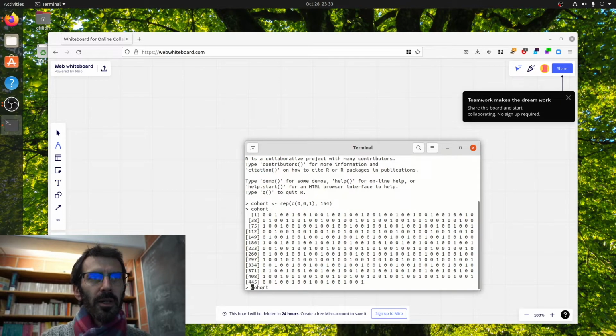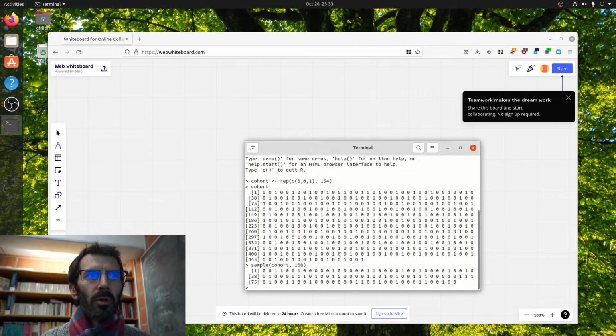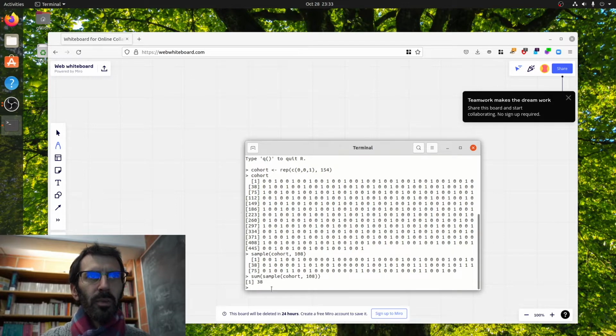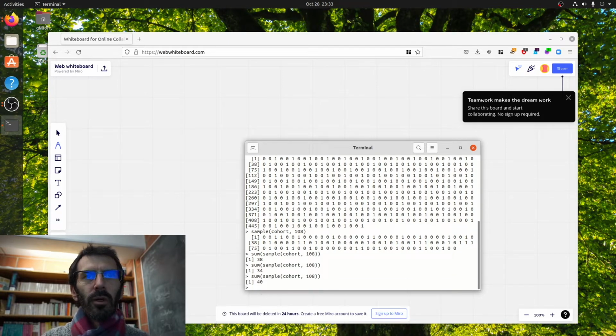It looked like this. And from this, we were able to sample a group of people, 108 people in total. So that would typically look like this. When we count the number of people who got the vaccine, we just compute the sum here, and that would look like 38 here, 34, etc. We could resample the number of people who got the vaccine among the people who got COVID-19.